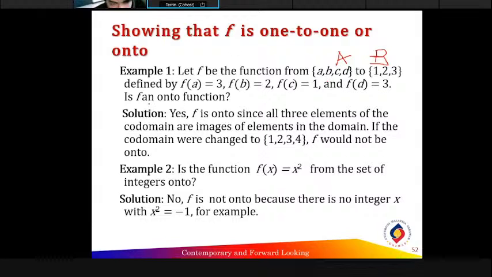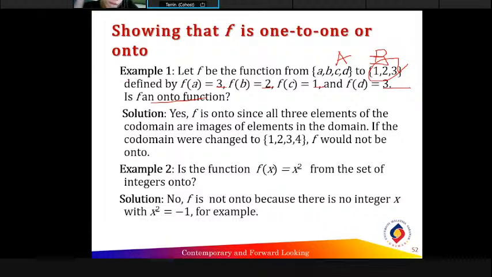Now, is this an onto function? Remember, onto means all the elements in B must be assigned. In this case, the values are 1, 2, 3, which is the whole list of elements in B. So this is an onto function.